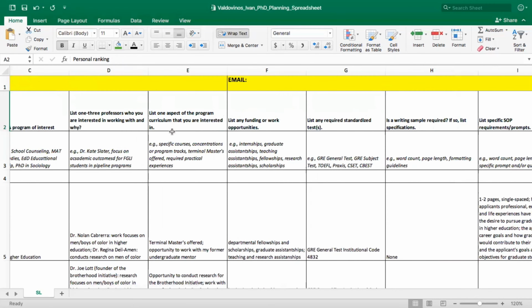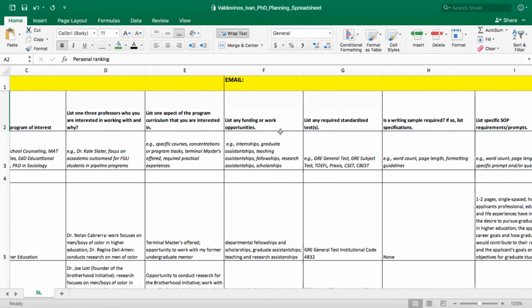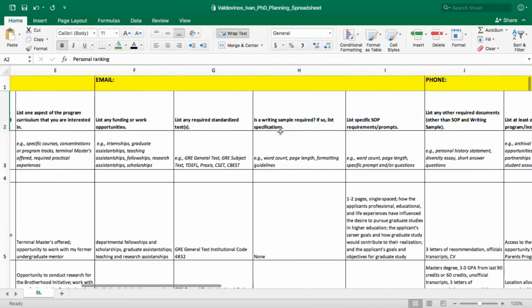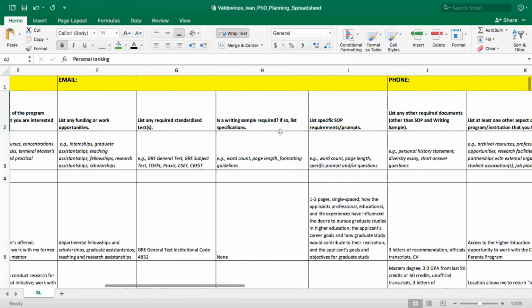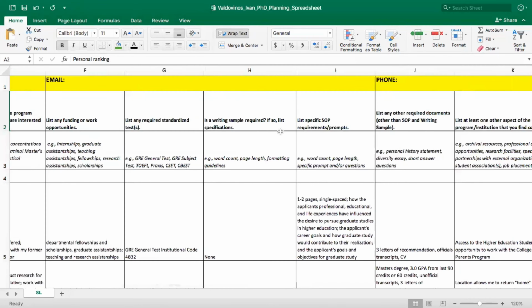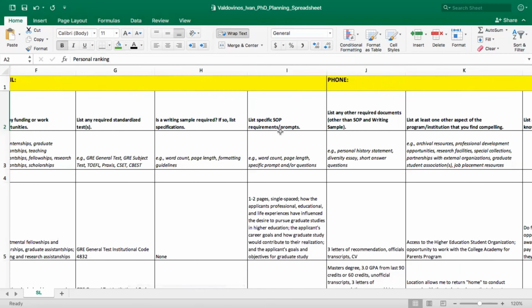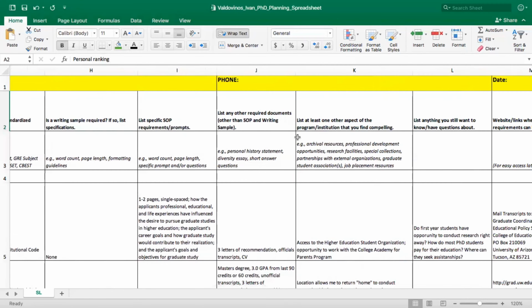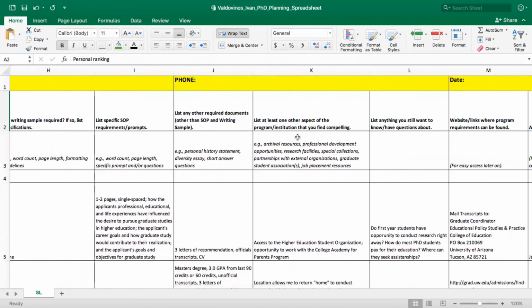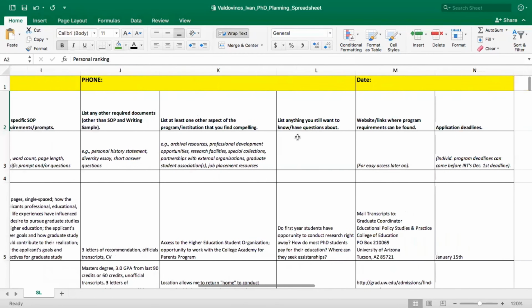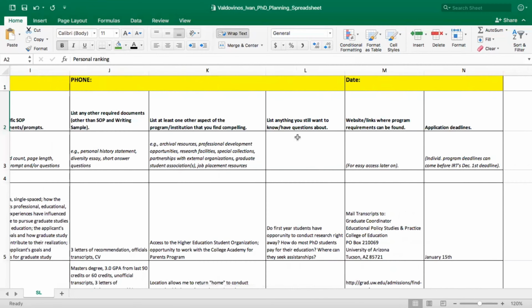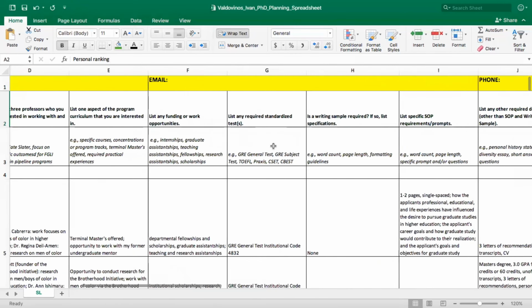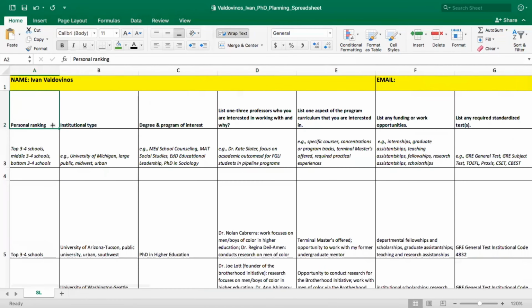Then we have a list of 1 to 3 professors who you are interested in working with and why, a list of one aspect of the program curriculum that you're interested in, list any funding or work opportunities, list any required standardized test, is a writing sample required, if so, list specifications, list specific statement of purpose requirements / prompts, list any other required documents other than SOP and writing samples, list at least one other aspect of the program / institution that you find compelling, list anything you still want to know, have questions about, website links where program requirements can be found, and then application deadlines.